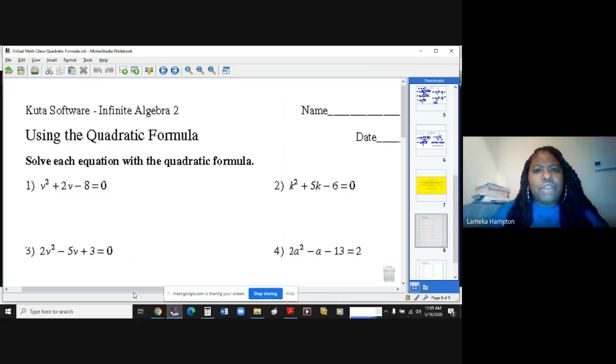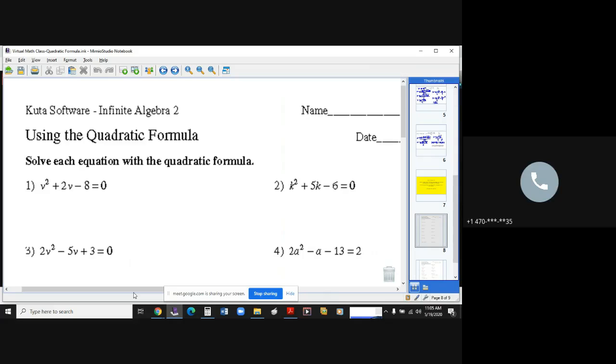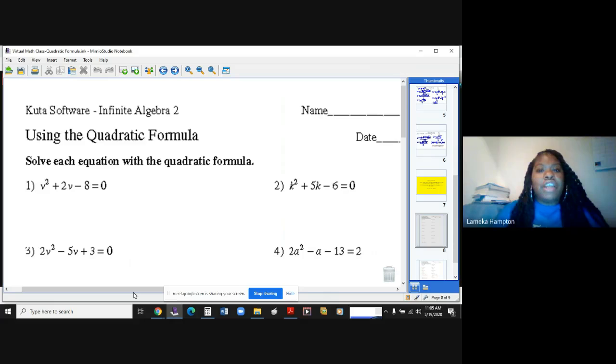So yesterday we talked about when to use the quadratic formula, when not to use the quadratic formula. So in essence, I want us to look at numbers 1 and 2. Now, number 1 says v squared plus 2v minus 8 equals 0. Okay, so remember, all quadratic equations equal 0.